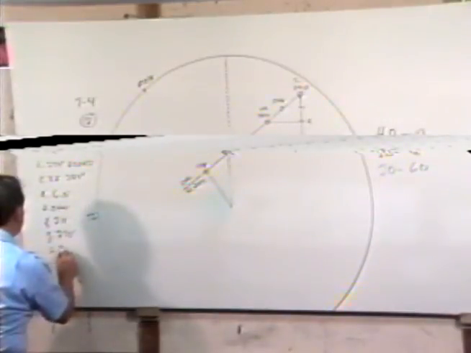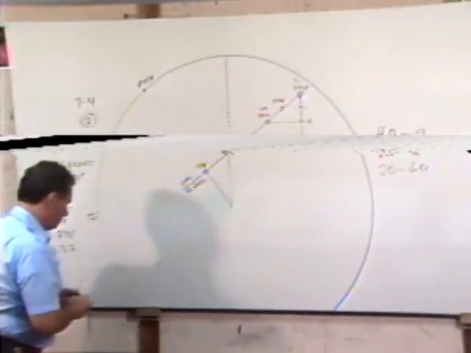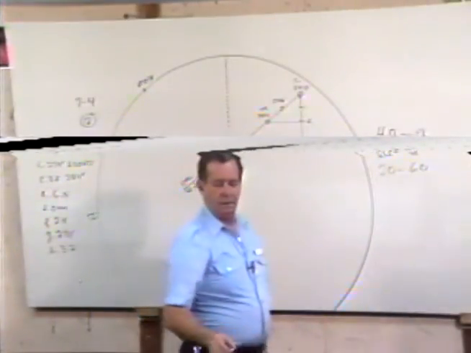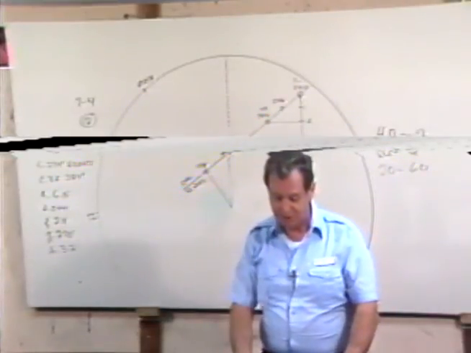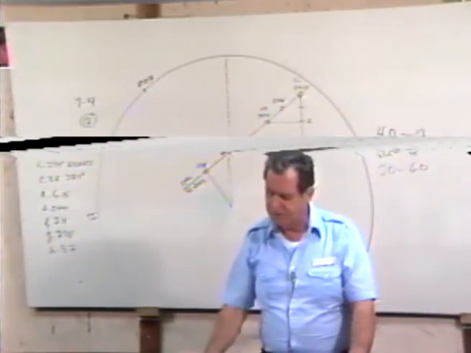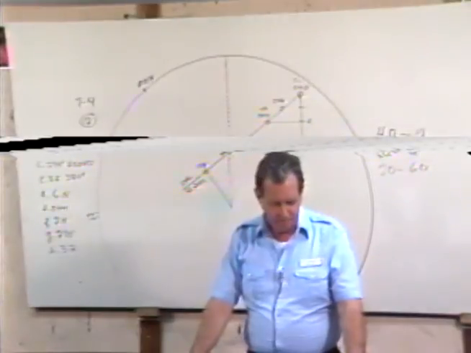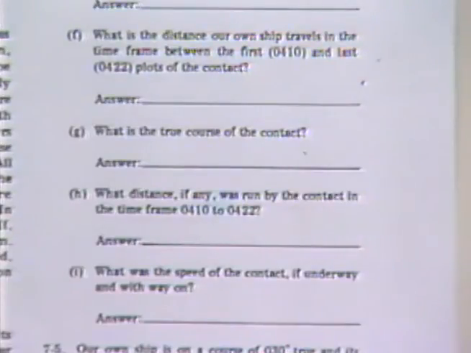So I want you to measure that distance, E to M, and see what you get. And it should be 3.2 miles. If you have gotten 3.2 miles, and remember, as I told you before, you should be putting these answers in your book.